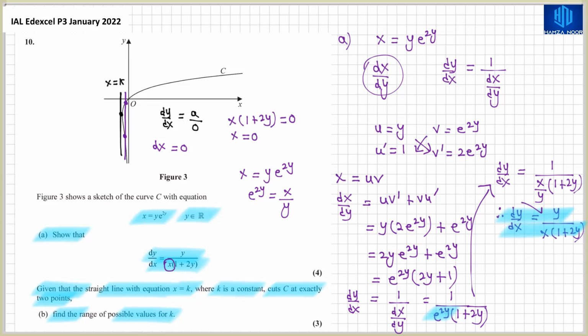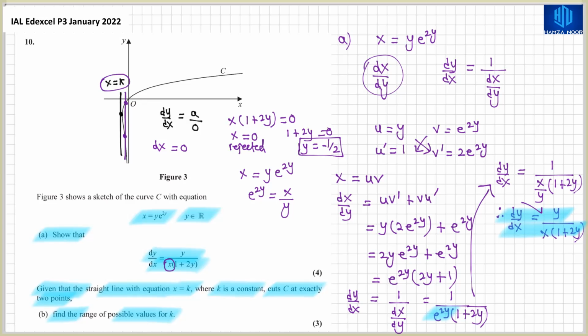It will be rejected. Okay, so we are interested in 1 plus 2y equals 0, so therefore y equals minus half. So at y equals minus half, we need to see what the value of x is, and that will be the value of k, which we need to find first.